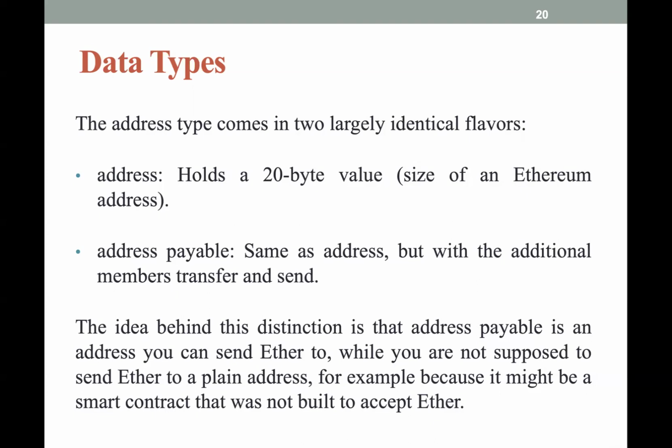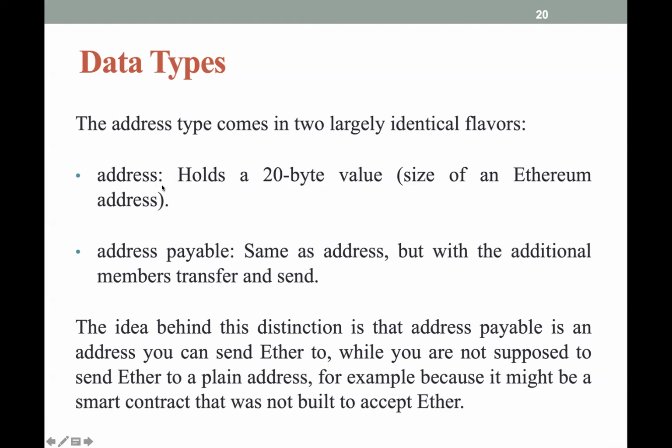So to store the address of one party or the other party, we have a separate data type for it. This is called address, and the size of this data type is 20 bytes, which is the same as the size of the Ethereum address.